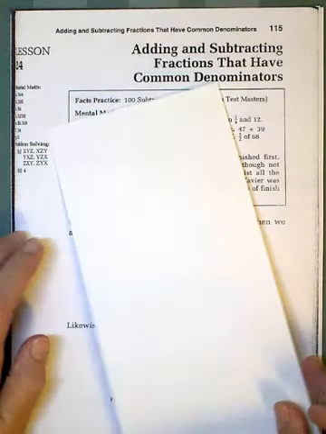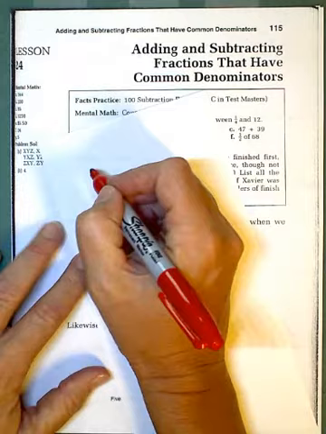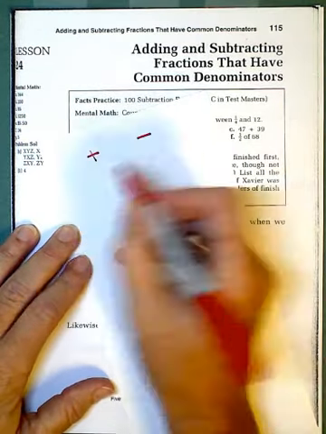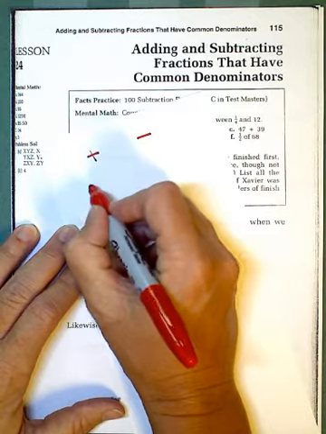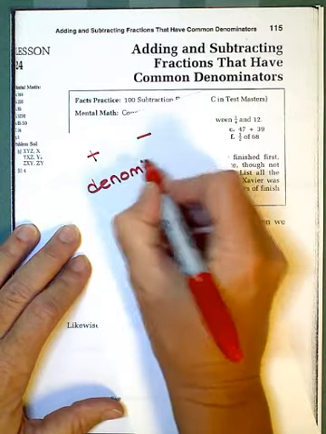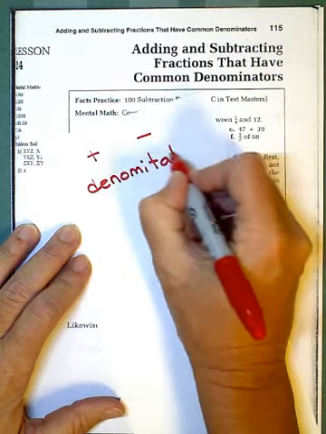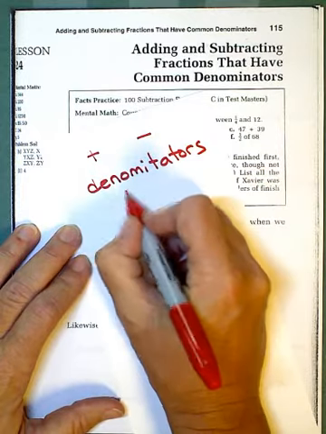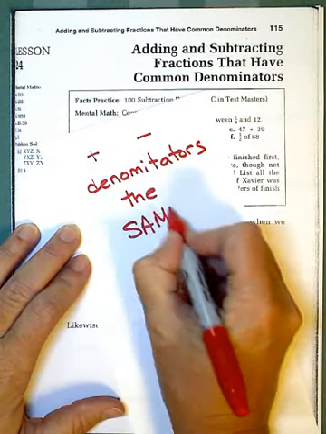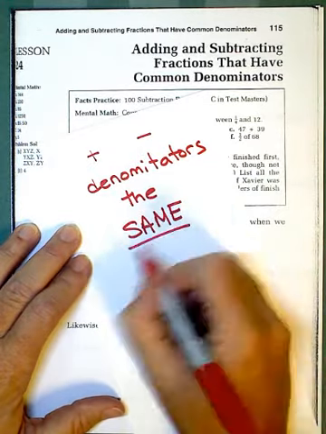First of all, the thing to remember is that we can add or subtract fractions as long as the denominators in our fractions are the same. If the denominators are the same, all we do is write out our problems.